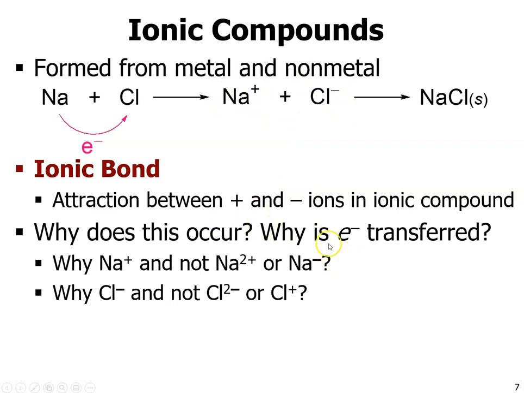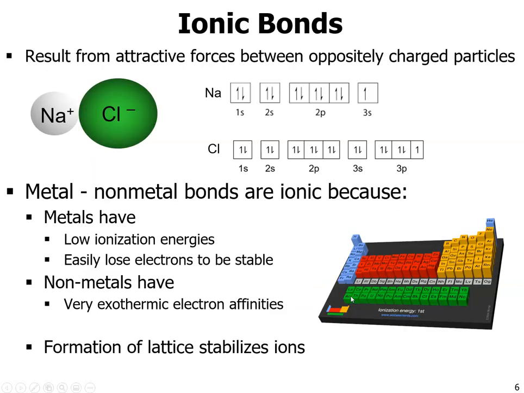Why does this occur? Why is the electron transferred? Why sodium plus and not Na2 plus or Na negative, chlorine negative, or -2 or a plus? Again, this all goes back to the electron configuration, and if we had to add another electron, it would have to go into a higher energy electron orbital, and it's just not going to be a very stable element.